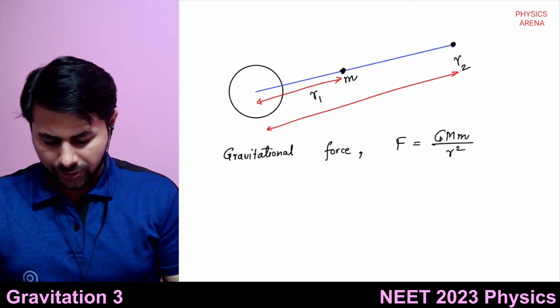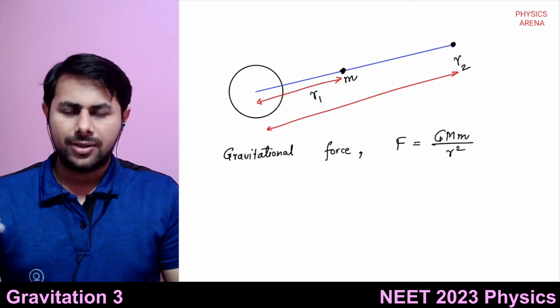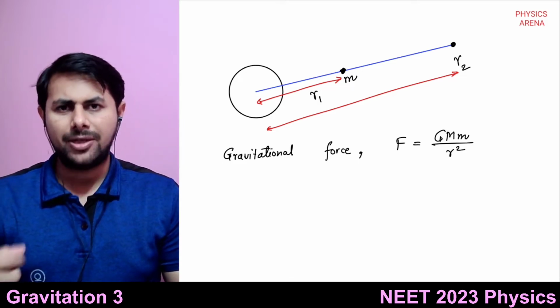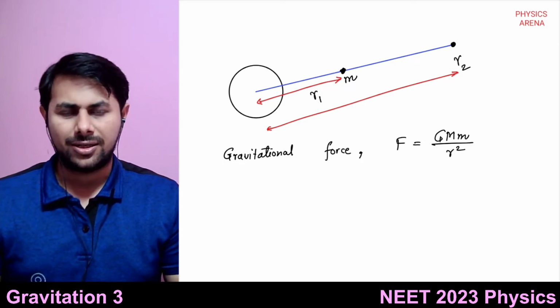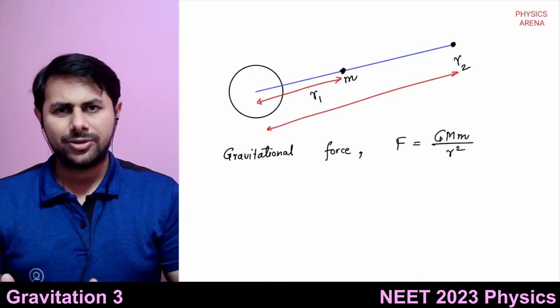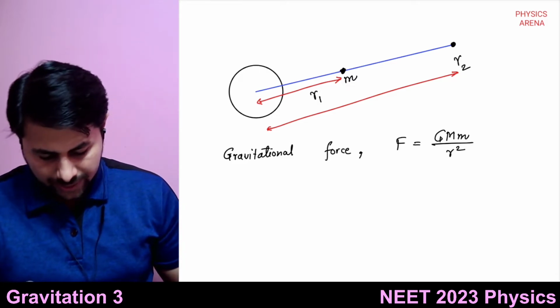Now when we move it from this distance r to r plus dr, that means when we displace it by distance dr, the work done would be equal to what? This force multiplied by displacement, right?